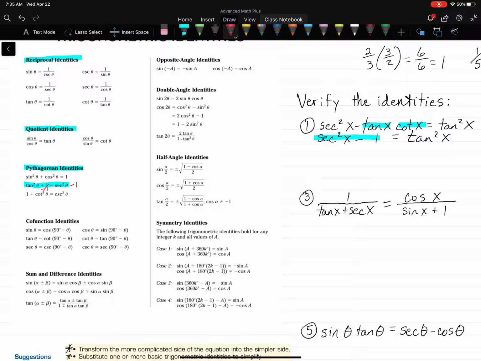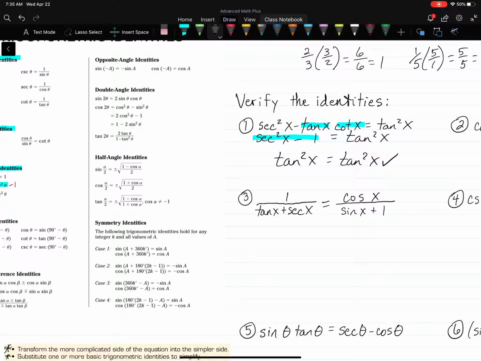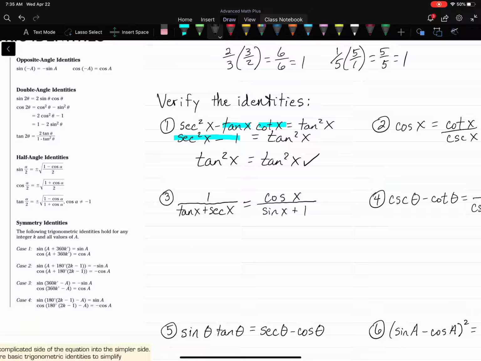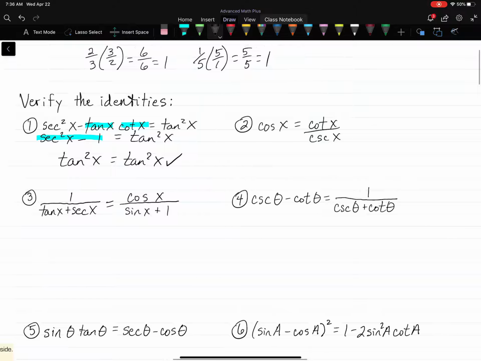It's a Pythagorean identity, and obviously if I move that 1 over, I'm left with tangent squared x, which is what I'm trying to get. And as soon as you get the same on both sides, you are done. We just proved this identity. We proved that secant squared x minus tangent x times cotangent x equals tangent squared x, okay?